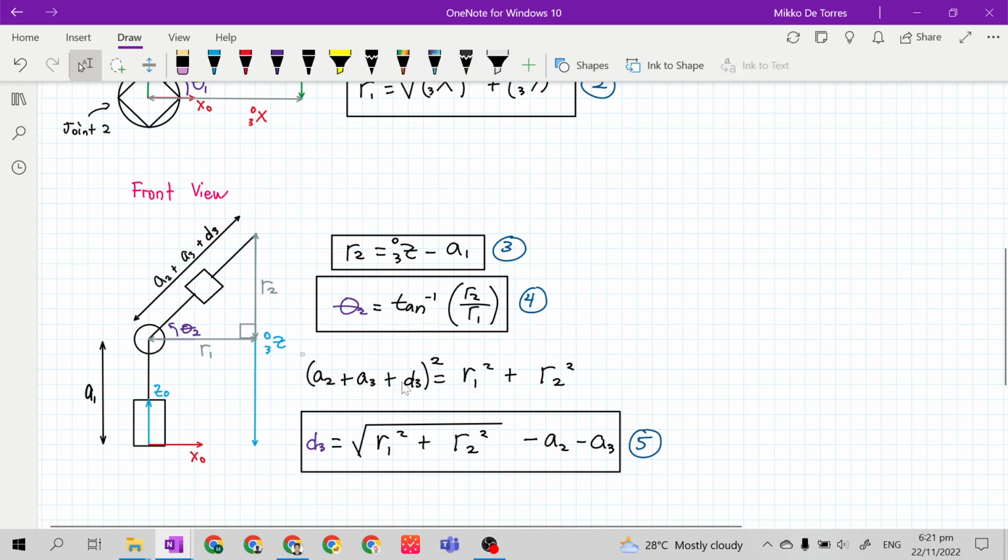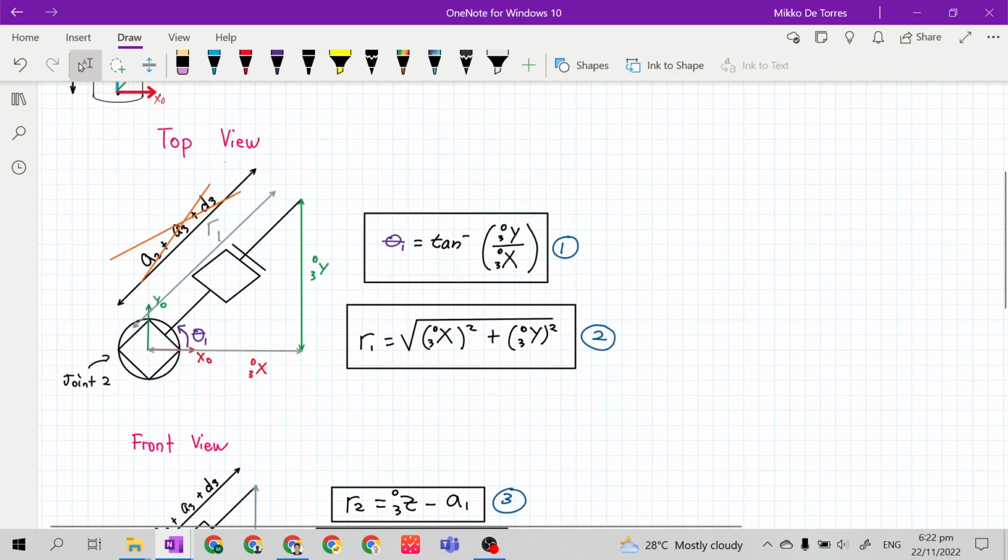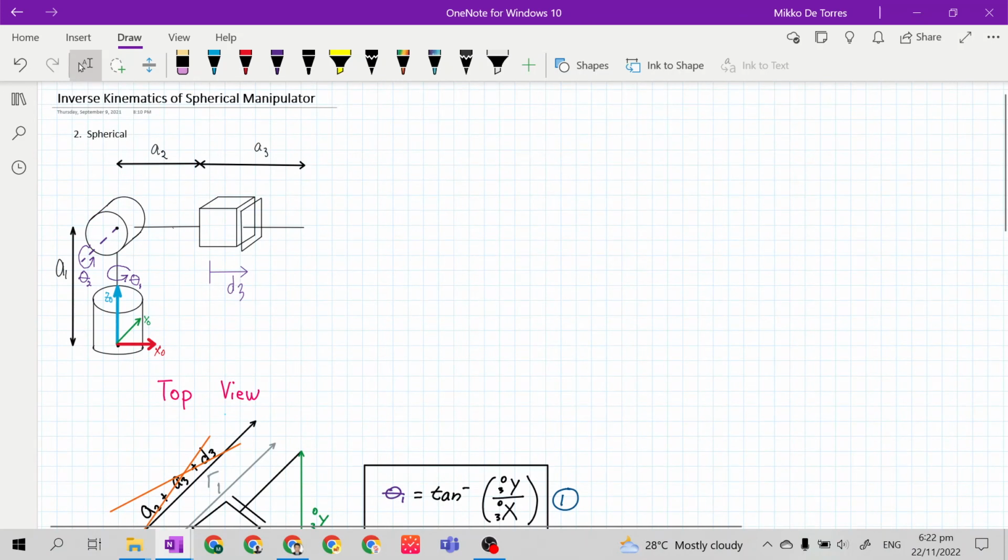So this is the Pythagorean theorem. Square root both sides, then arrange the equation. So we have d3 equals the square root of r1 squared plus r2 squared, then minus a2 minus a3. So this is the solution for the inverse kinematics of the spherical manipulator using the graphical method. Okay. Thank you.